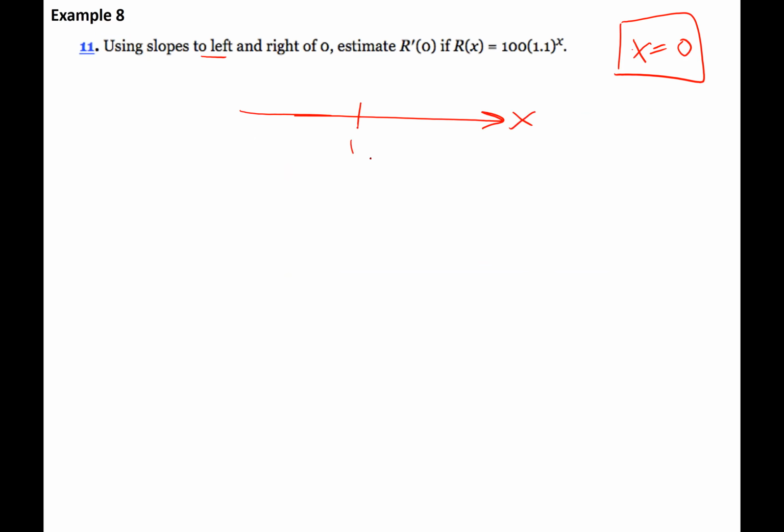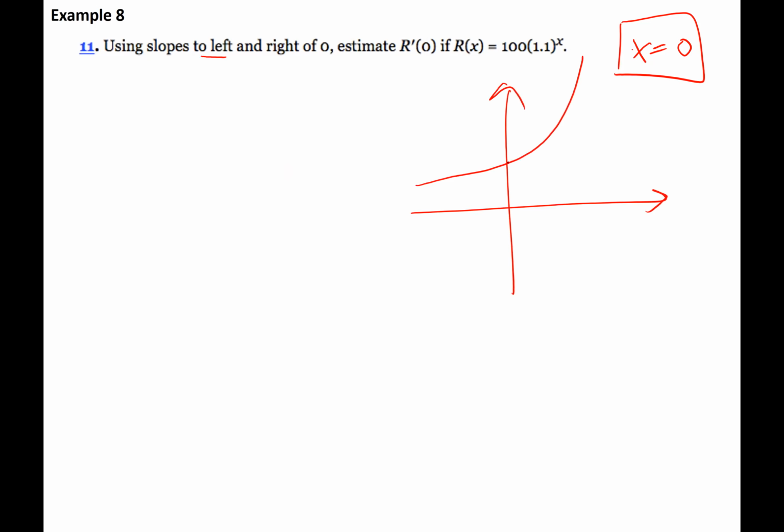That's x, that's 0. However the function looks like, I have to find the slope of the tangent. Actually, it is an exponential function. It means it's not difficult to draw. And at 0 the value is 100.